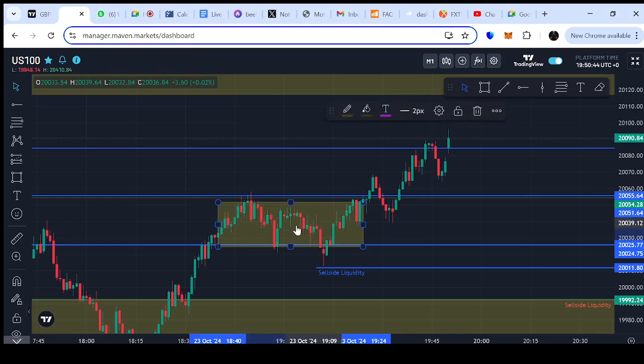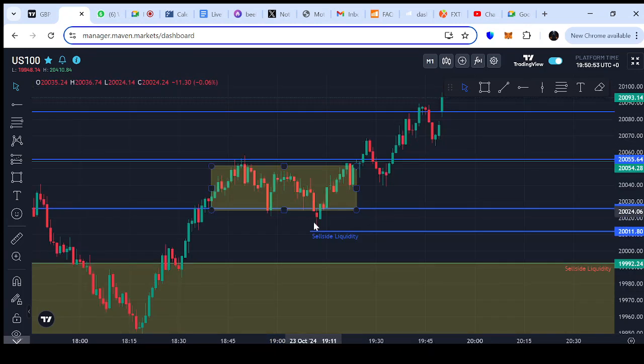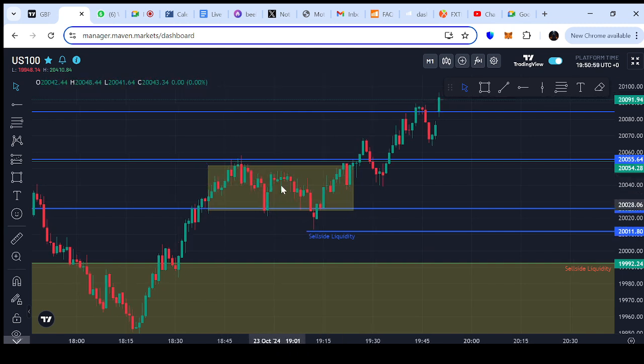Here is a consolidation, then manipulation. So we'll be waiting for a distribution phase coming to take the low of the accumulation. Have it in mind, when we have an accumulation, that's a range like this. A consolidation, you can still call it accumulation.